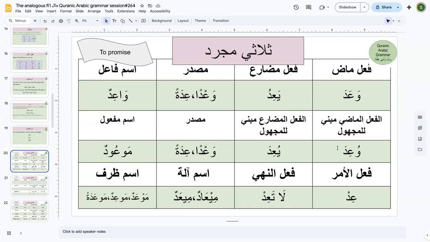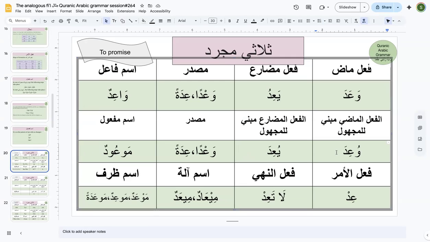There is no change. There is one allowance, however. If your fa'il kalima is madmoom and is in the beginning, it can change into hamza.